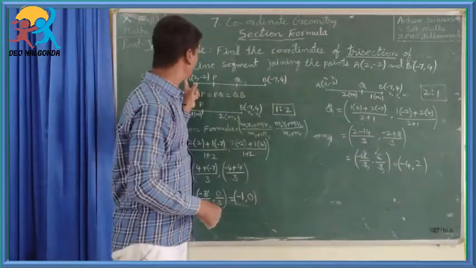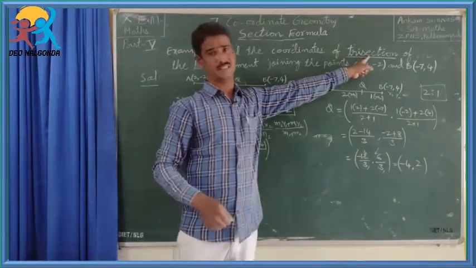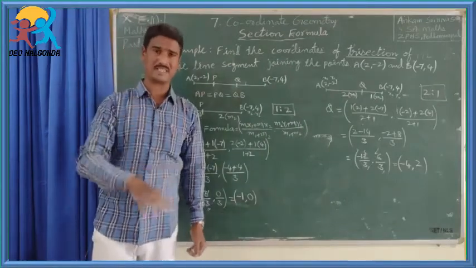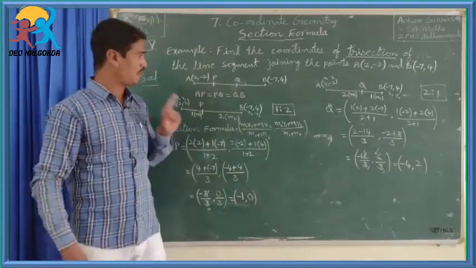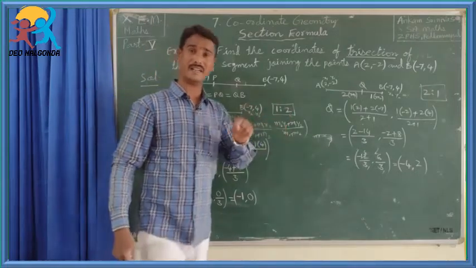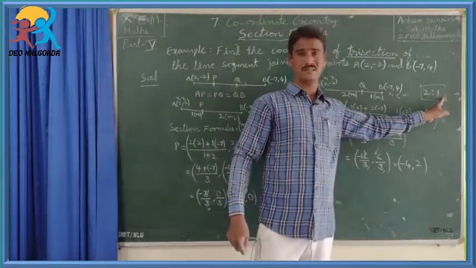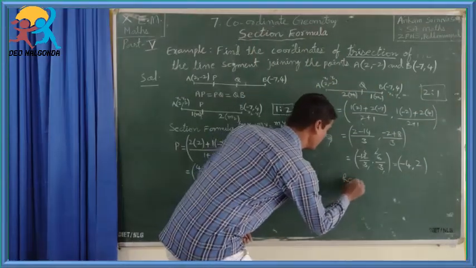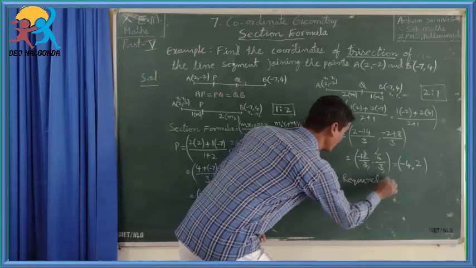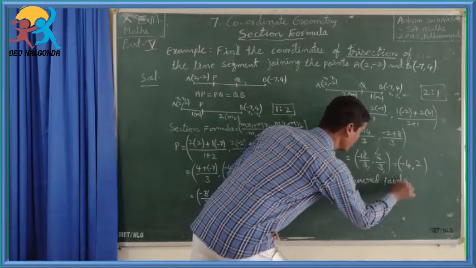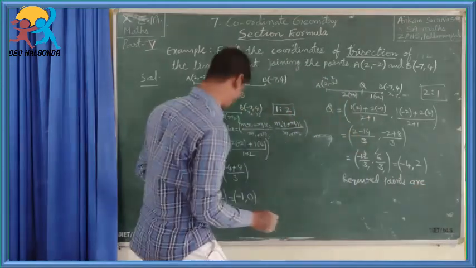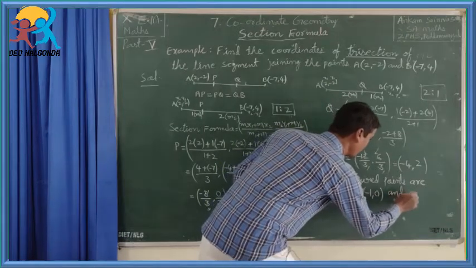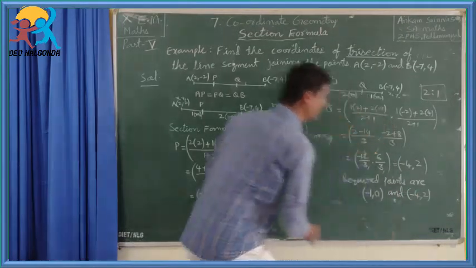So in the given problem, if we get trisection, it means we have to find the 2 points which divide the given line segment in the ratio of 1 is to 2 and 2 is to 1. So the required points are minus 1 comma 0 and minus 1 comma 2.